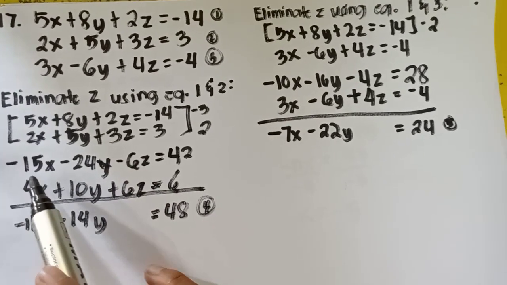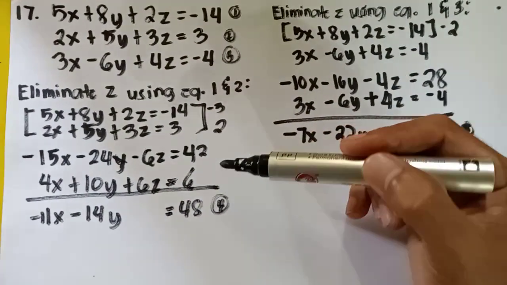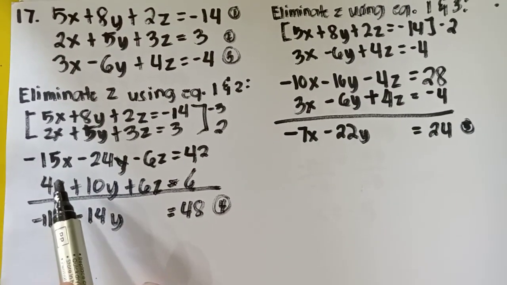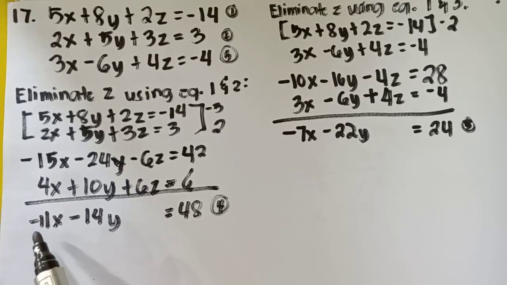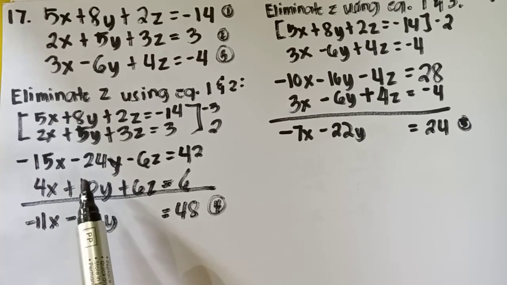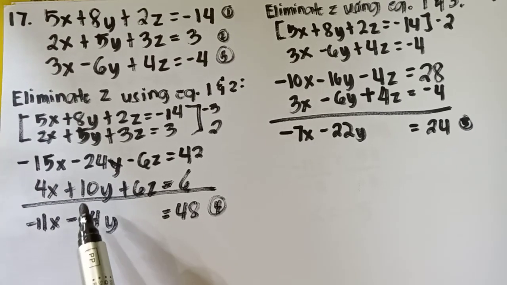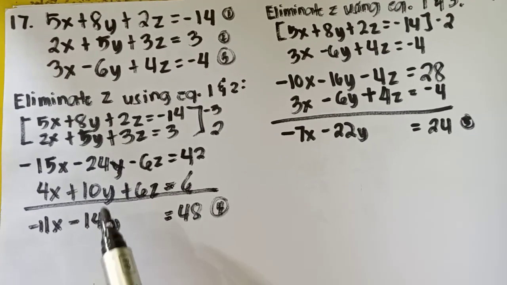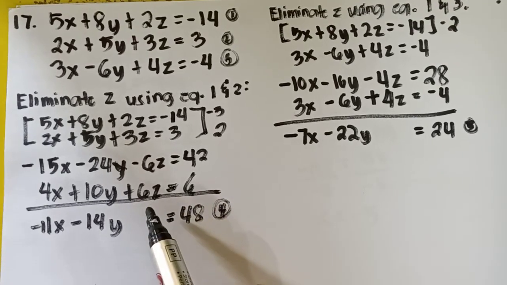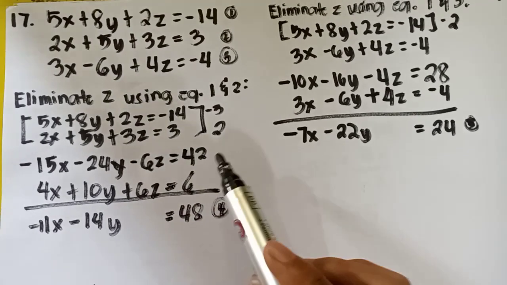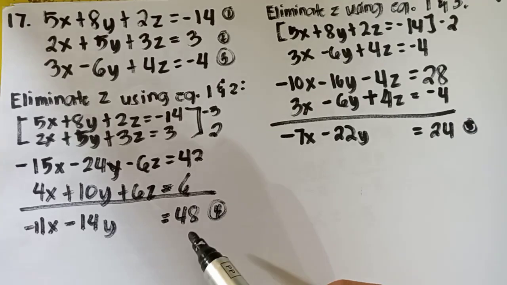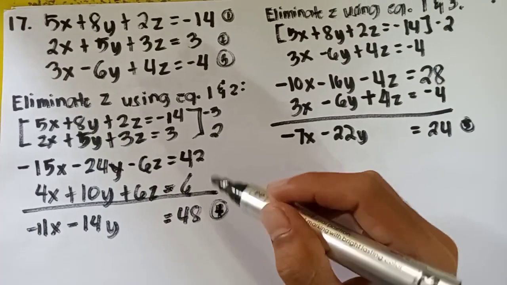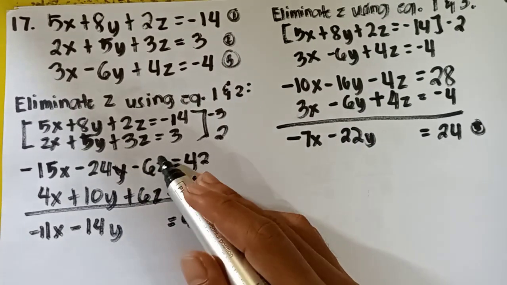So we will add these two equations. So negative 15x plus 4x is negative 11x. Negative 24y plus 10y is negative 14y. Negative 6z plus 6z is 0. And then negative 42 plus 6 is negative 36. So this is our equation number 4.